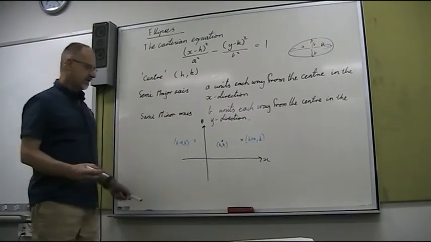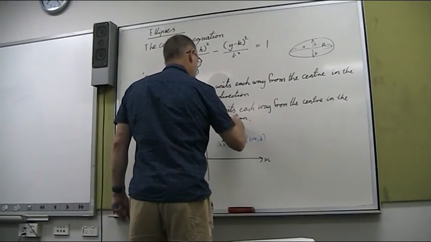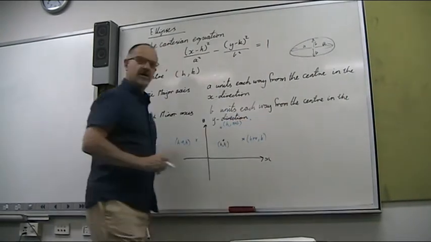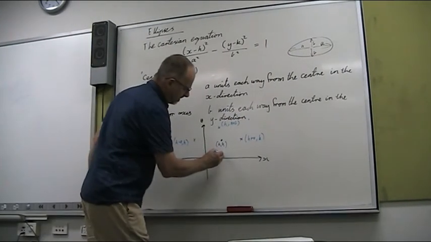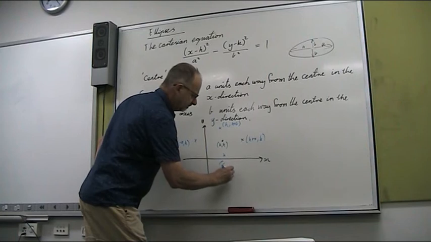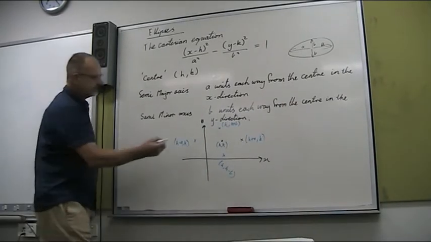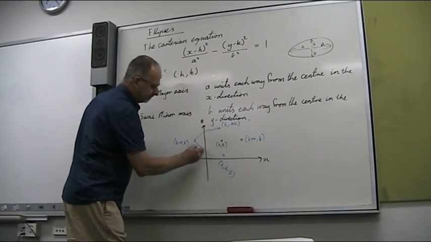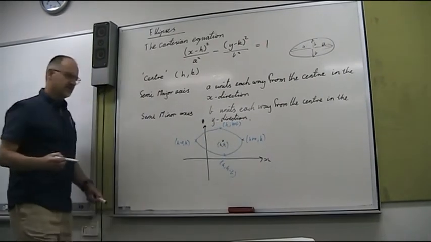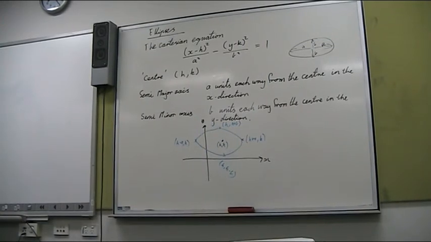And then vertically, I would go up to here, and so I'll go b up in the y direction, or I come down b in the y direction. There's my beautiful ellipse. Looks much better in my notes because I used my mathematics.